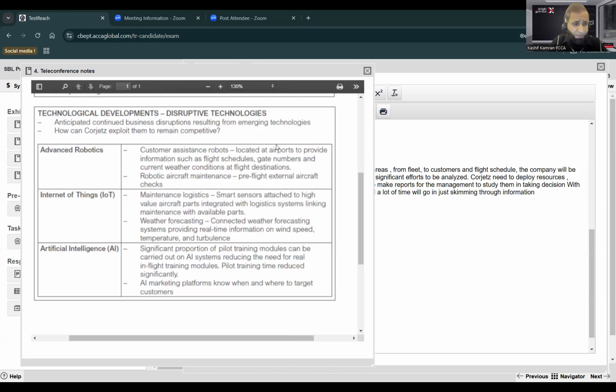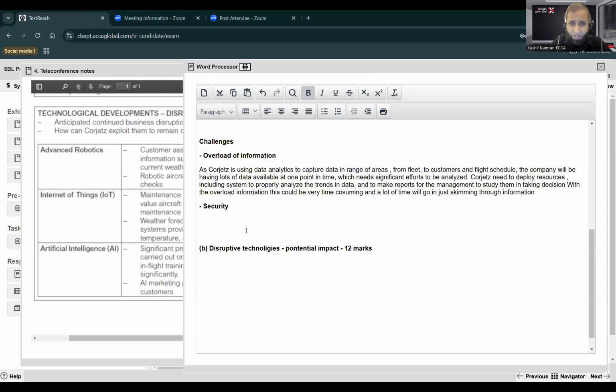Let's go with the first one. Customer assistance robot. That's the first one, right? So we put a heading over here: Customer assistance robot. That's number one. Now you write under this.